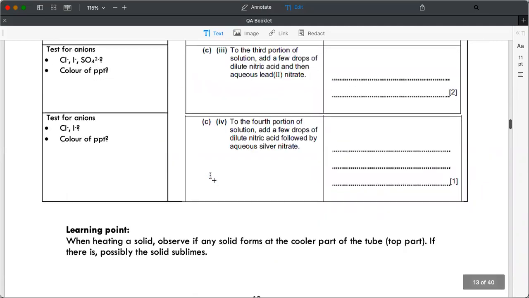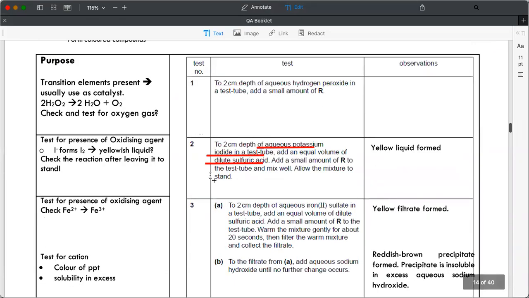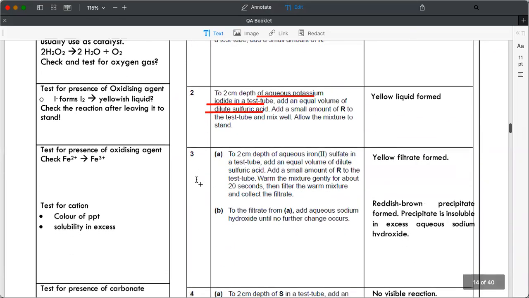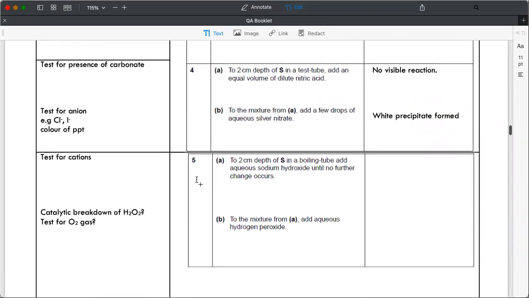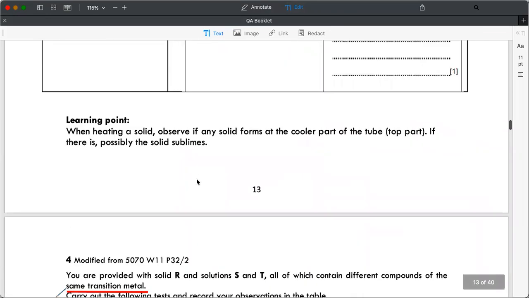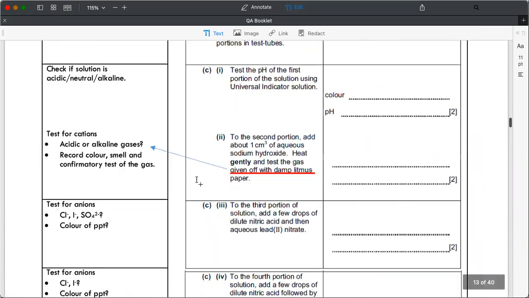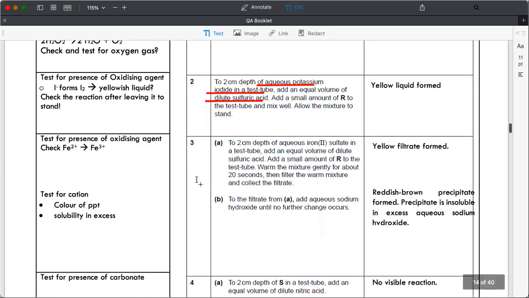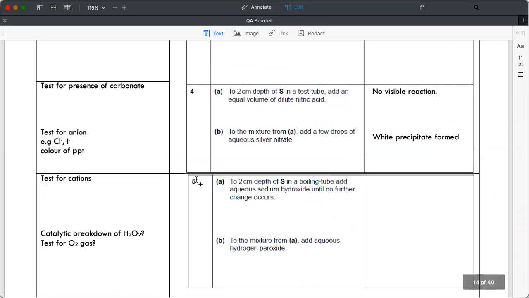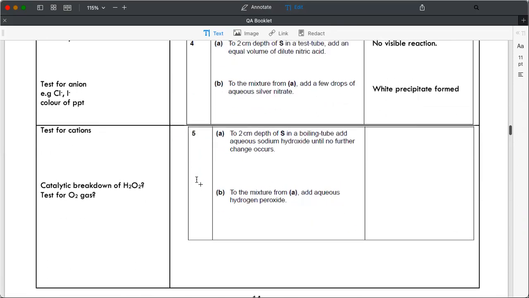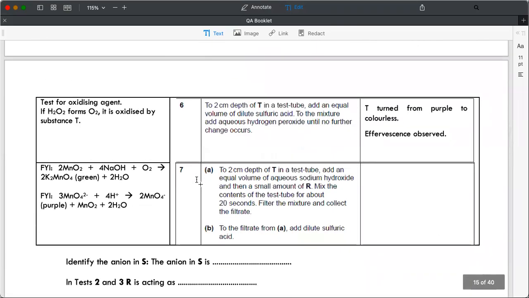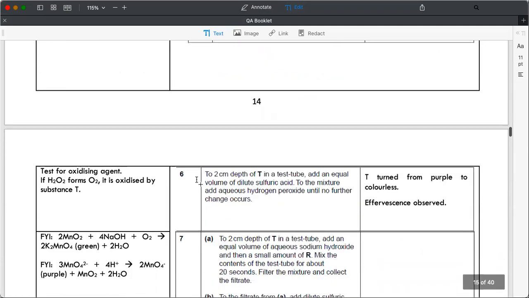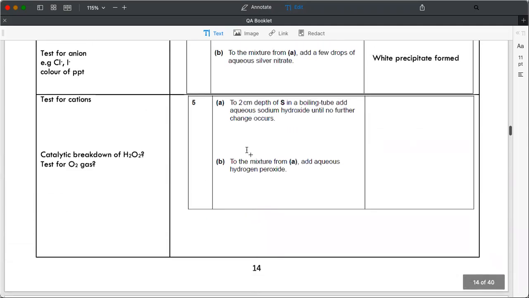These are more examples where, when they give you a reagent test, you're supposed to think of the possible identity. Do not just do it blindly. Understand what you're doing so that you can get the accurate result. Even this one is more challenging.